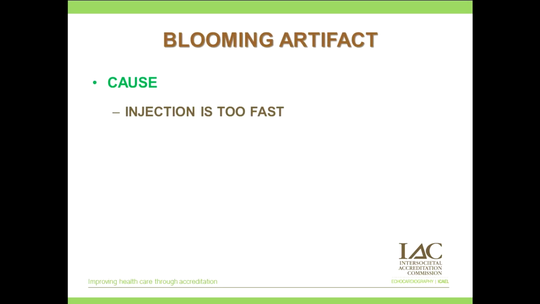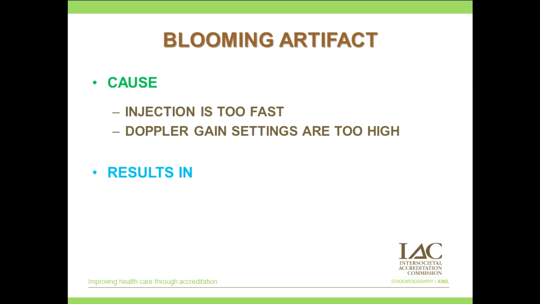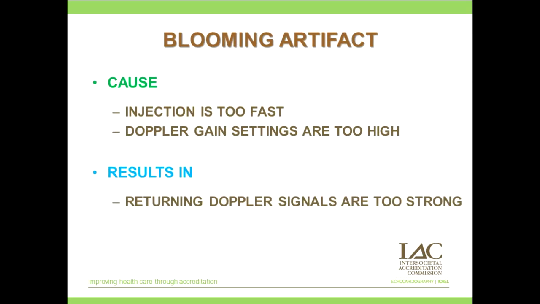You always want to give a nice, slow injection. This will help alleviate the problem. But first and foremost, you'll always want to decrease your Doppler gains, turn them way down. When you inject too fast, or if your Doppler gains are too high, the returning Doppler signals will be too strong. So what it comes down to is signals that are very noisy and unreliable.